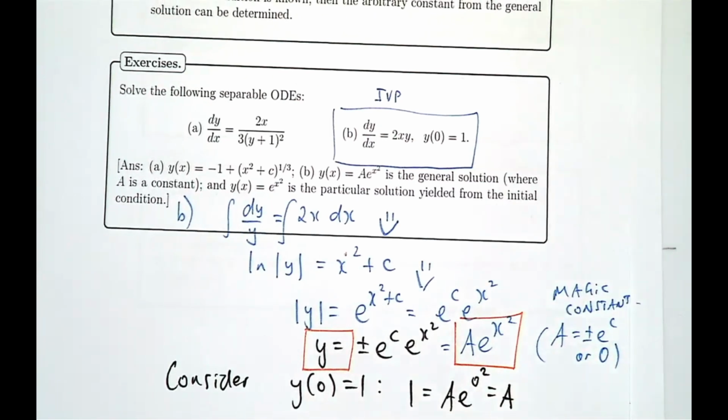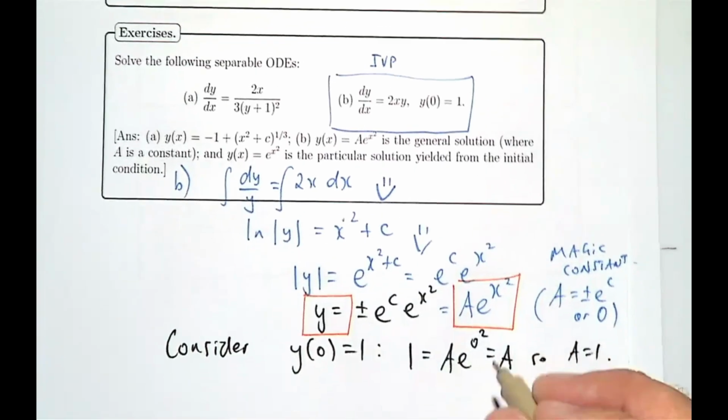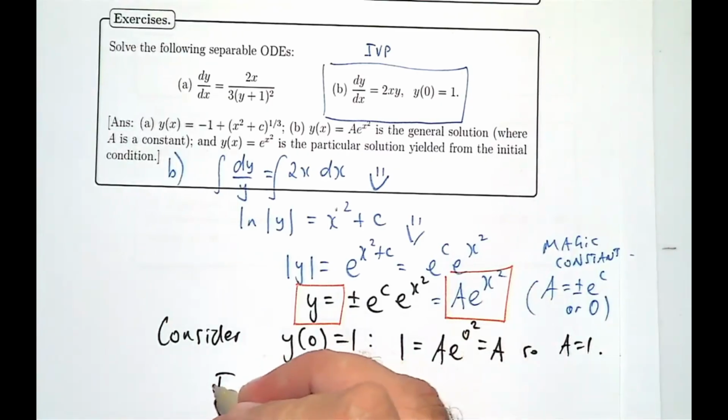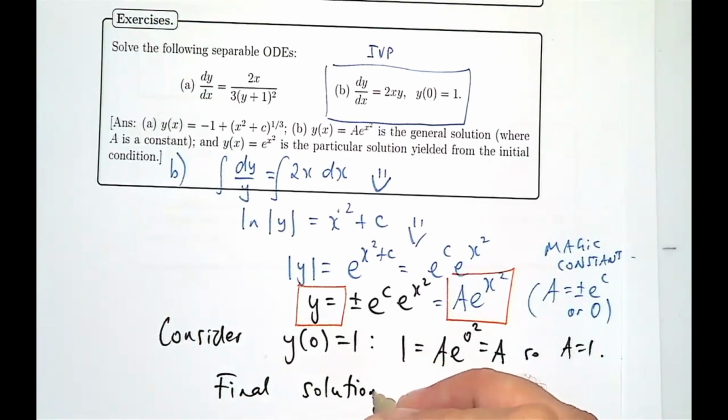So you can see here, A is going to be 1. So let's take that, put it in there, and we'll get our final solution.